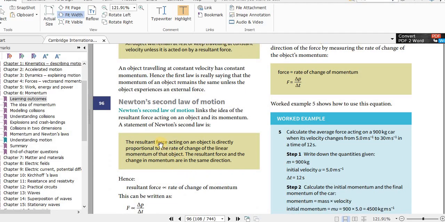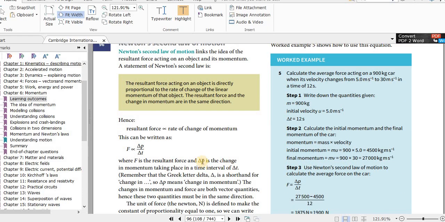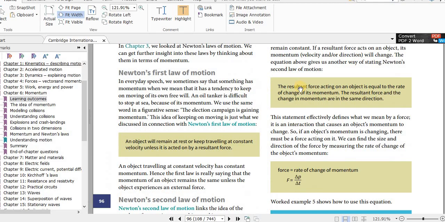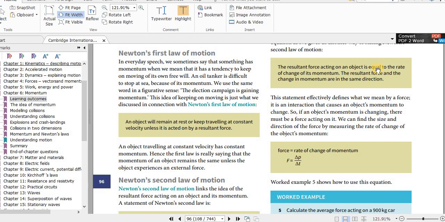Newton's second law, we can say the resultant force is proportional to the rate of change of the linear momentum of that object. Resultant force and the change in momentum are in the same direction. Then here also we can say the resultant force acting on the object is equal to the rate of change of its momentum.